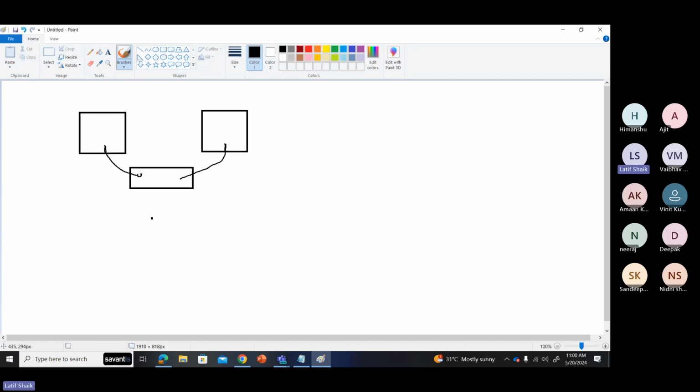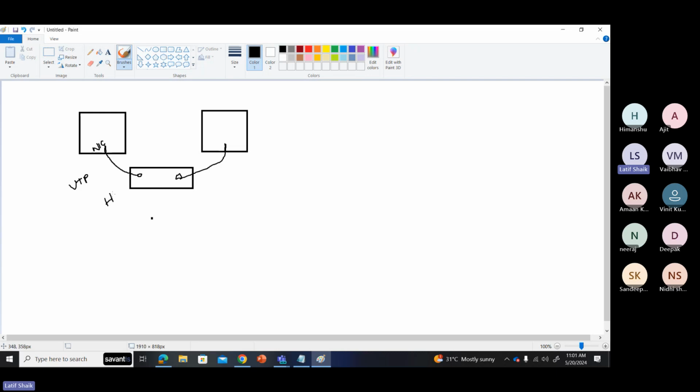In our LAN communication, we use wired connectivity, so UTP cables. And we are using a NIC whose type is Ethernet, Fast Ethernet, or Gigabit Ethernet.